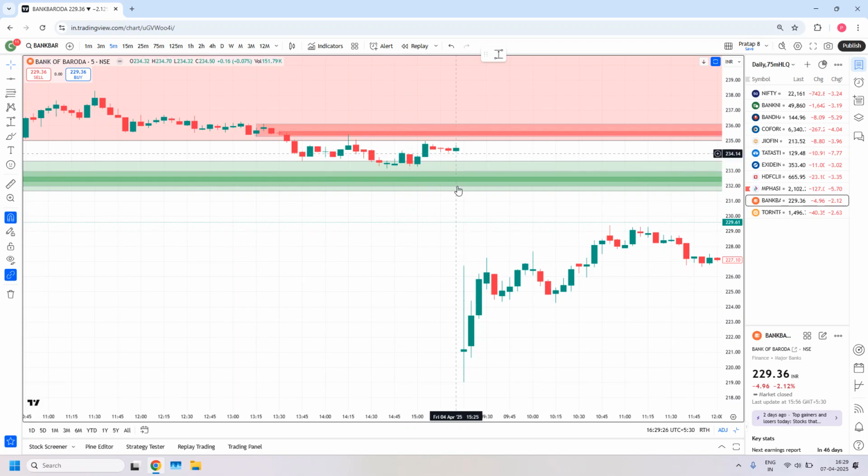But today, where is your stop loss? Somewhere below this zone. But today the market itself has opened here. So where you have to exit your position? Instead of exiting your position here, you are exiting your position here. How much loss we would have got? Huge loss. Majority of our capital would have been gone.